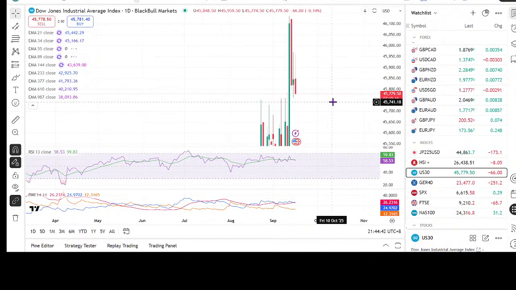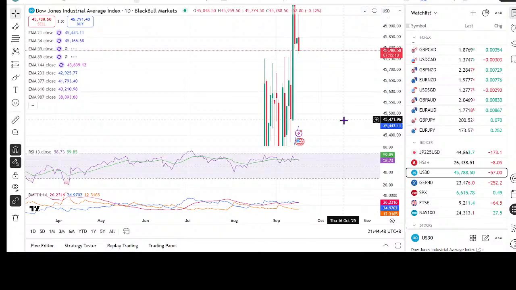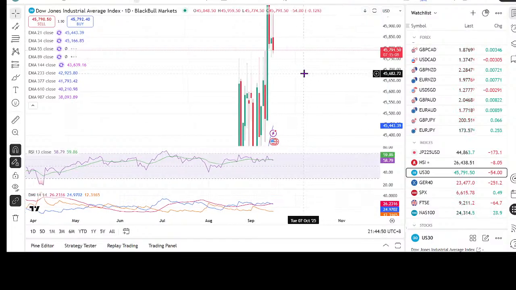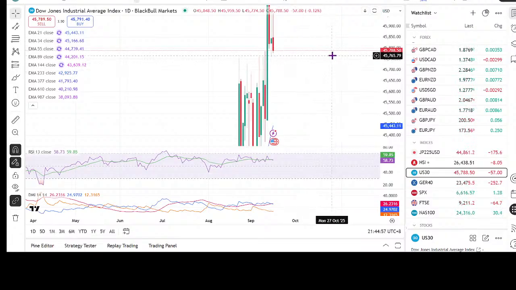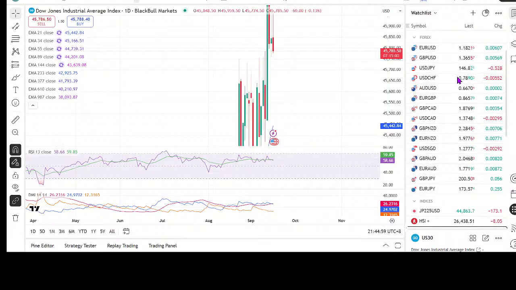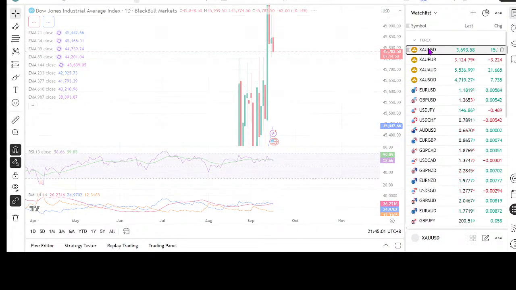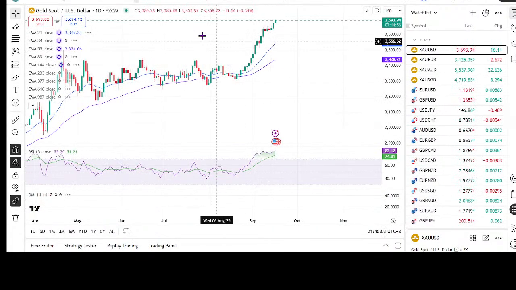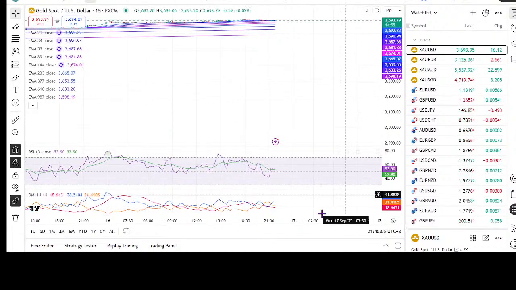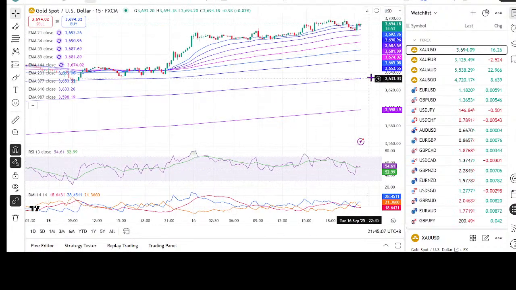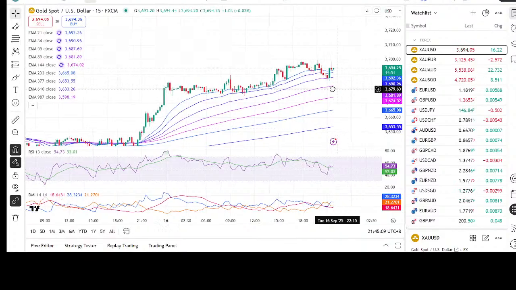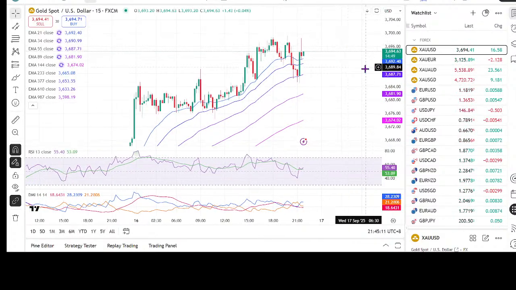Let's see whether the price is able to break the 750. If it is able to break, then we can see at least another 200-300 points down. So that's the thing we've got to be careful about.